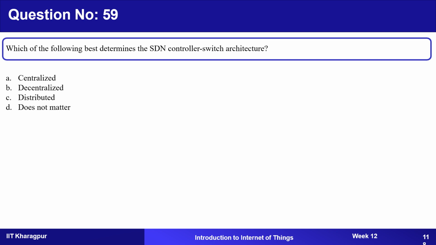Just a few minutes ago we were discussing SDN and we had a controller. You said there could be multiple controllers. If there are multiple controllers, then it cannot be a centralized system. The difference between that question and this question is that here it is asked what the SDN switch controller architecture should be. Basically one single controller is going to control all the devices in that particular network. Okay, got it.